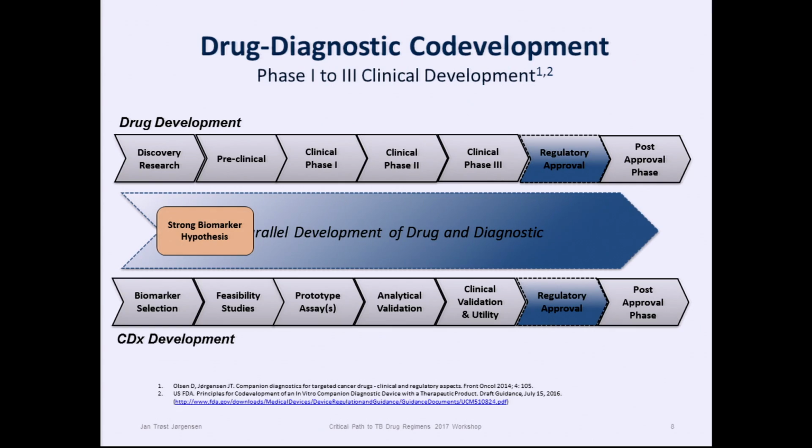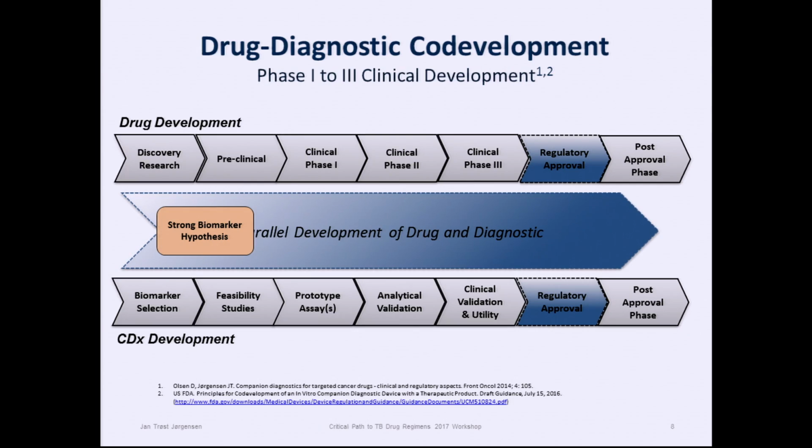When I talk about a strong biomarker hypothesis, I talk about the link between the biomarker status and the outcome of the drug. It could be efficacy, it could also be safety. Such a biomarker hypothesis is normally generated based on the basic research that you perform during the discovery phase, or it can come even earlier based on academic research.